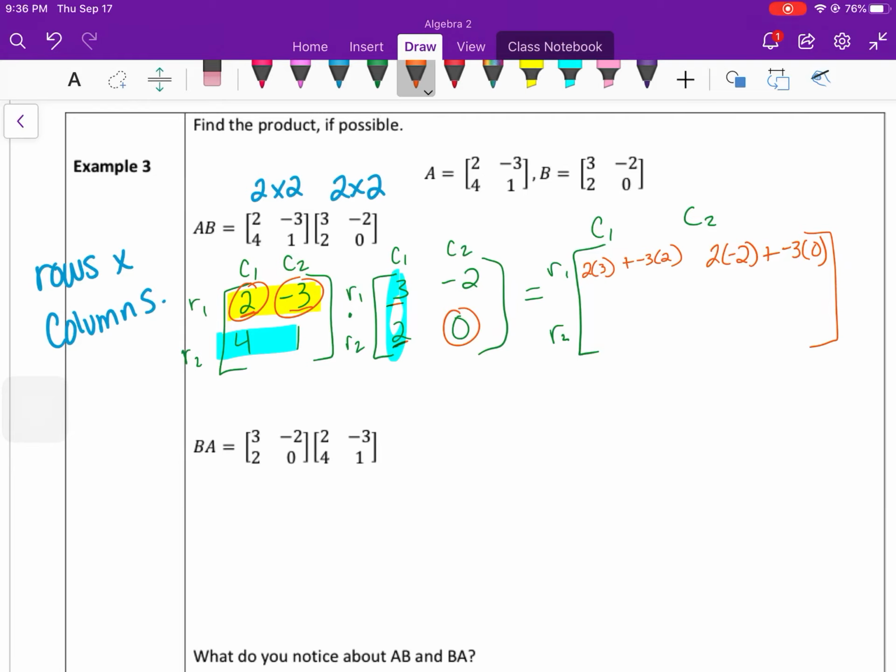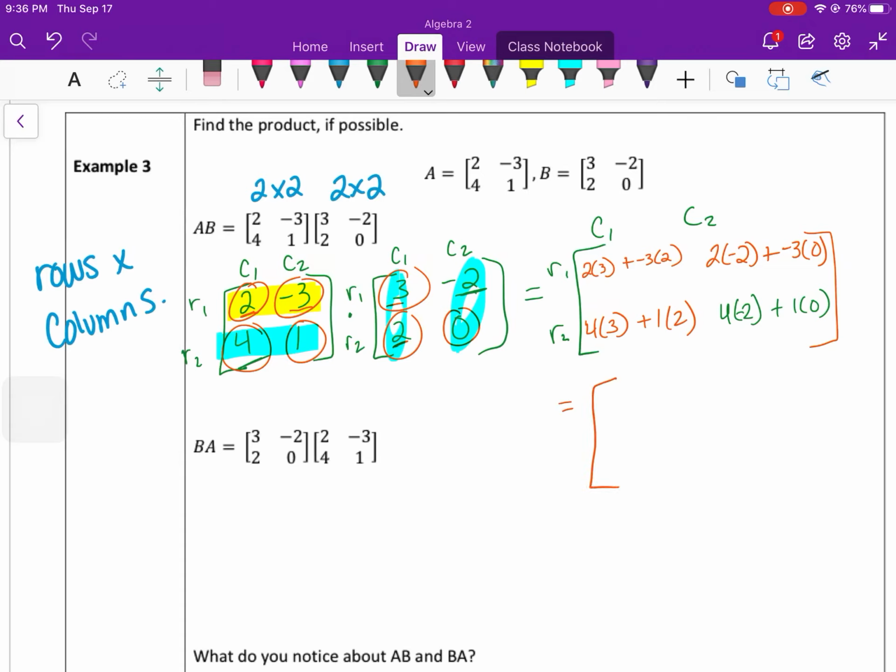It's the 4 times 3 plus the 1 times the 2. So the first two together and the second two together, multiplying them. Then take the second row times the second column. It's going to go in the second row, second column spot. And it's going to be the 4 times the negative 2 plus 1 times 0.